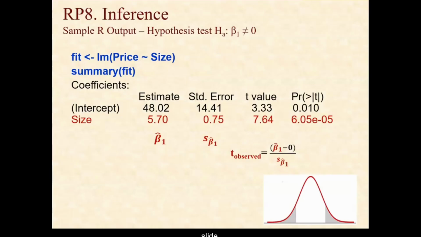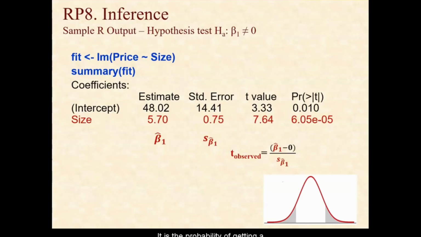Our two-tailed p-value is the area above 7.64 plus the area below minus 7.64 for the t-distribution with n minus 2 degrees of freedom, like the gray shaded region in the figure. The p-value equals 6.05 times 10 to the minus fifth and is interpreted as usual.